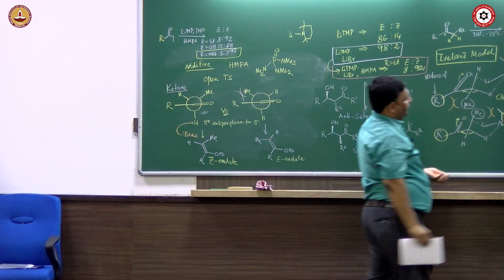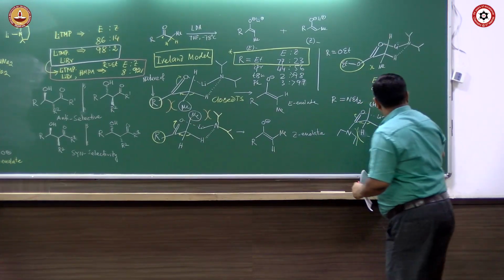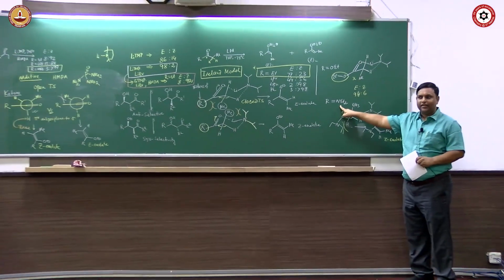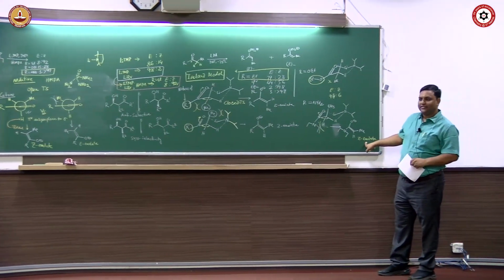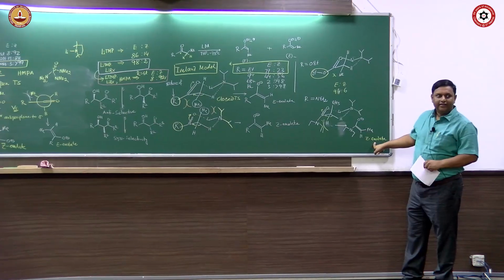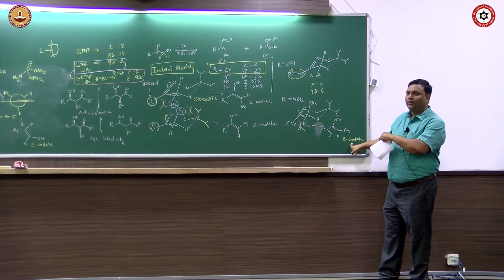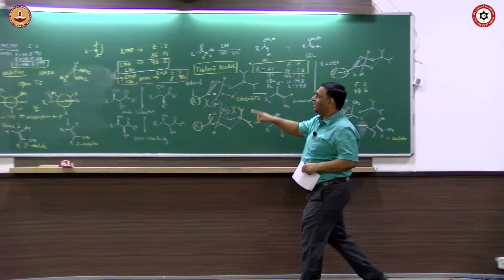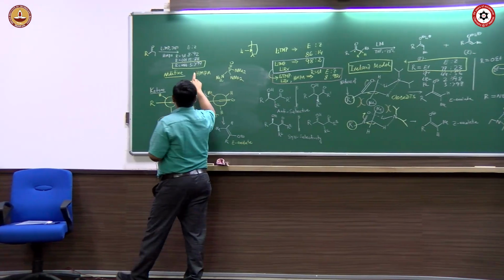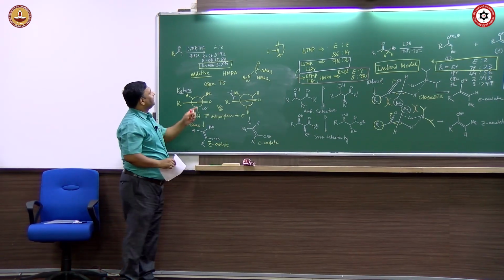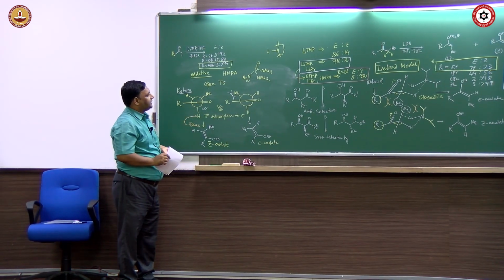If you look at that, in R is equal to ethyl, I was supposed to get the Z enolate, and in the HMPA condition, I thought it would reverse, but it is not the case. It is again maintaining the same thing as it is.